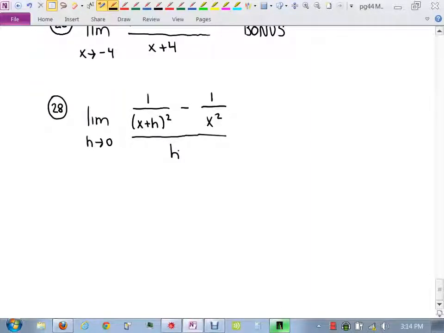This one looks scary because it has two variables in it, x and h. But let's just mentally think about this. If h is 0 here, then that's just x squared, isn't it? So you get 1 over x squared minus 1 over x squared, which is what? 0 over, and then the denominator is also 0, so you get 0 over 0.